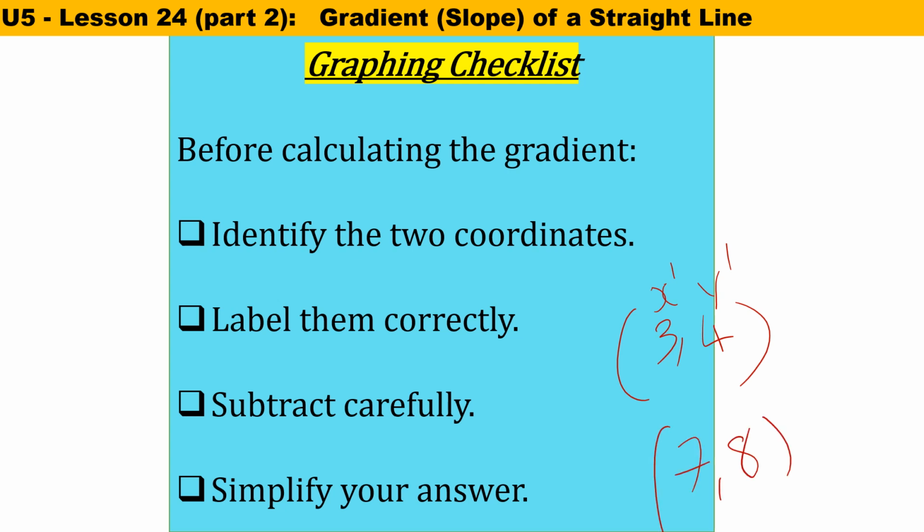You label them again, x2 and y2. And you subtract correctly, then simplify your answer. So remember, the formula for finding your gradient is y2 minus y1 over x2 minus x1. Keep that in mind.